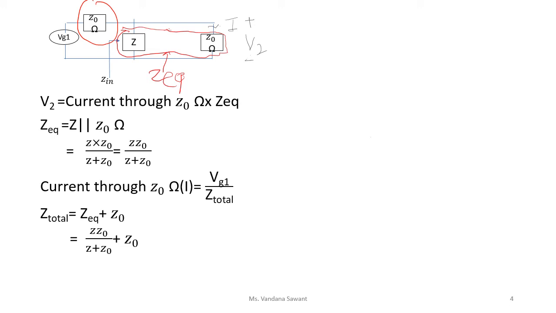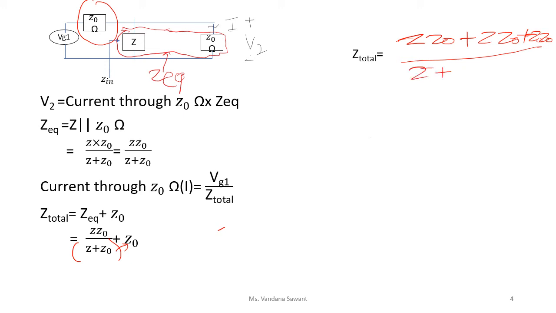Now what will we do? We will equalize the denominator. For this we will multiply Z0 by the denominator Z plus Z0, and that will give you Z total. So Z total will be Z0 plus Z0 into Z0 divided by Z plus Z0.